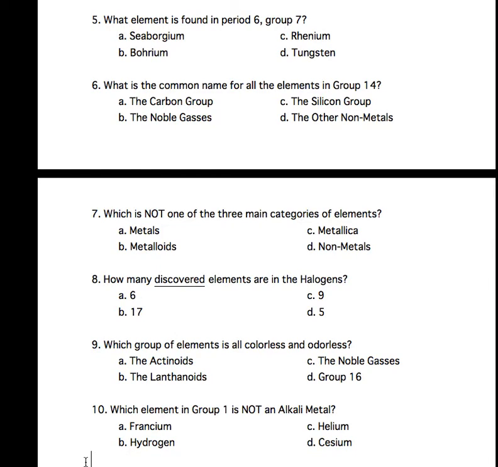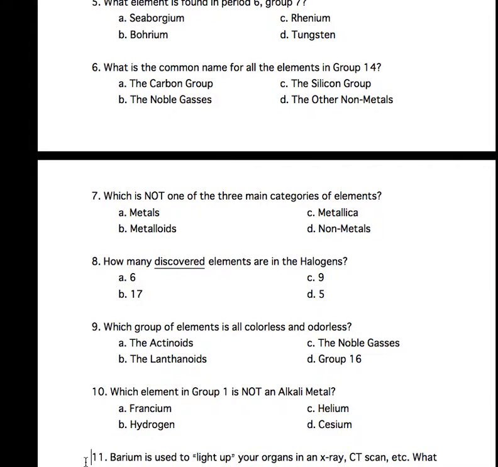Is it A, the actinoids, B, the lanthanoids, C, the noble gases, or D, group 16? Number 10. Which element in group 1 is not an alkali metal? Is it A, francium, B, hydrogen, C, helium, or D, cesium?